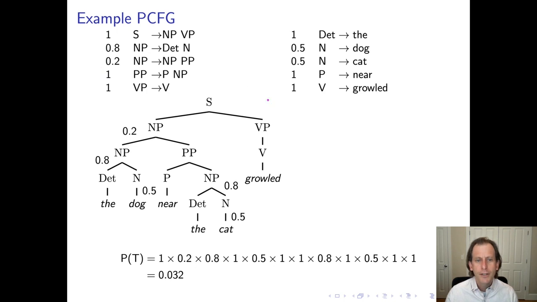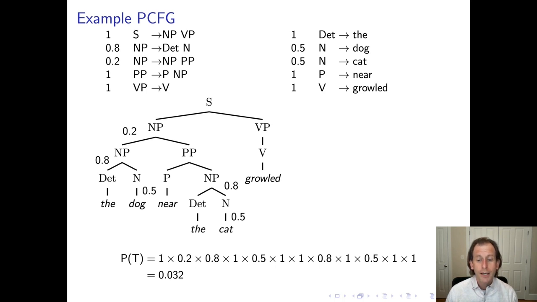And what I've illustrated in this tree is that all the parts of the tree for which the rule probabilities were not 1 are annotated with their rule probabilities. So for example, the probability in this grammar that NP rewrites as NP PP is 0.2, so this little part of the tree gets a 0.2 around it, and so forth. Then to get the probability of this tree, I just multiply through all the rule probabilities, as you see at the bottom.